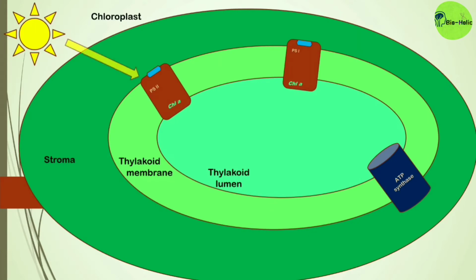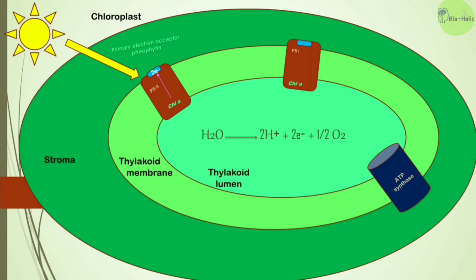So when light reaches photosystem 2, the light energy of appropriate wavelength is transferred to the reaction center. Then the electrons of the pair of chlorophyll A molecules get excited, and then it transfers the electron to its specific electron acceptor, pheophytin. And now to compensate for the loss of electrons from the reaction center of PS2 or photosystem 2, water is split in the thylakoid lumen.